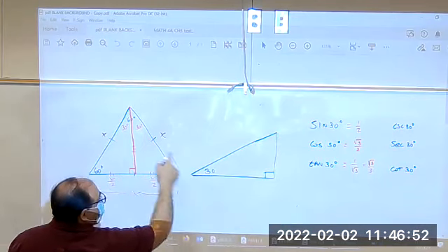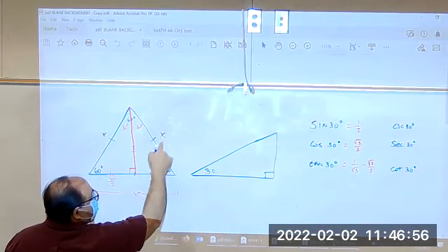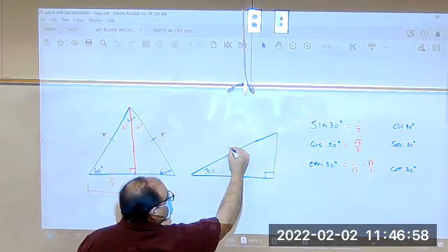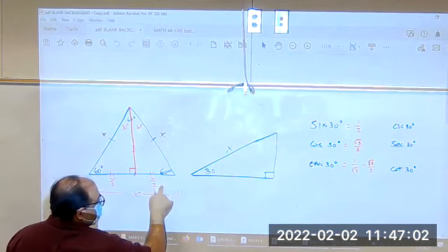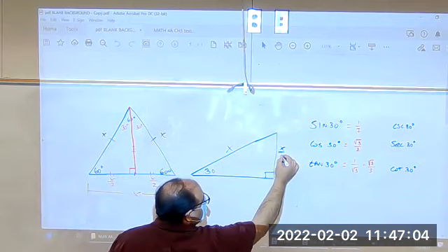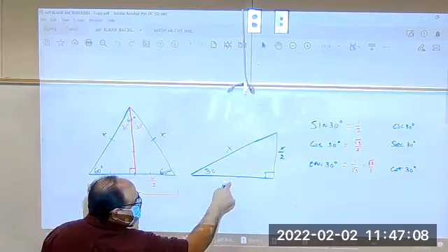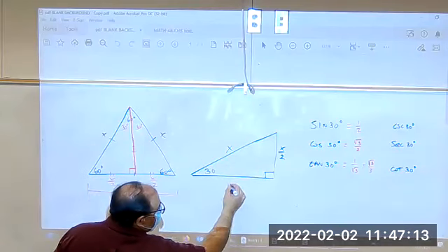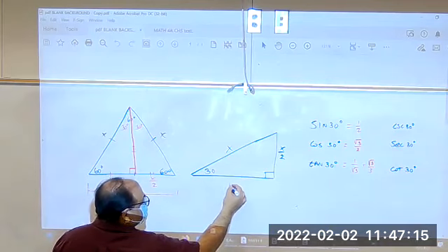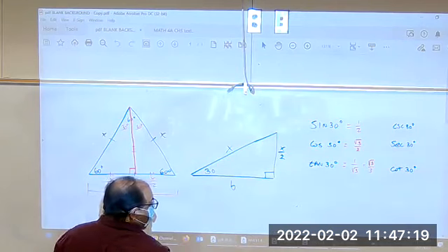Now, the hypotenuse is x, and opposite 30 is x over 2. We just don't know this missing side right here. Since I'm already using x's over there, let's call it B for right now.